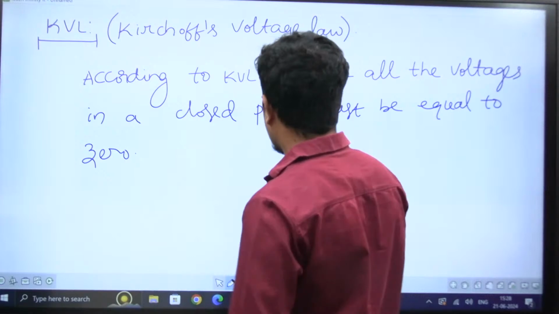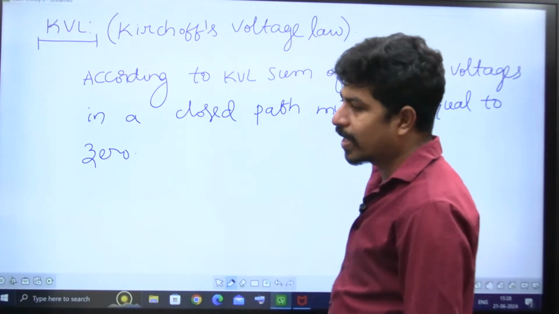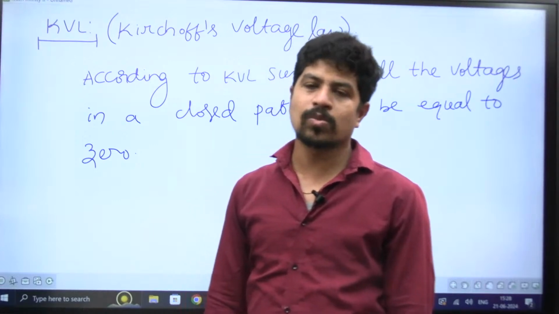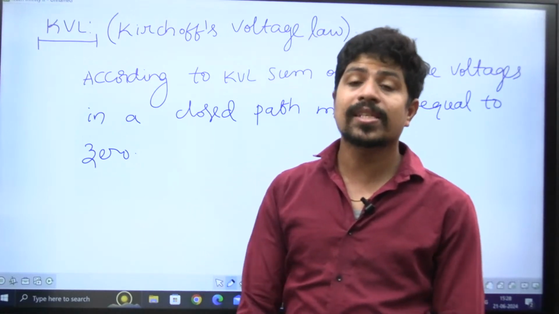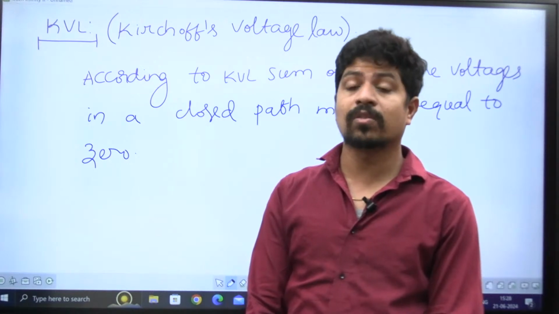Okay. Now see what it is saying. According to KVL, sum of all the voltages in a closed path must be equal to 0, and this KVL is derived from the law of conservation of power or law of conservation of energy.